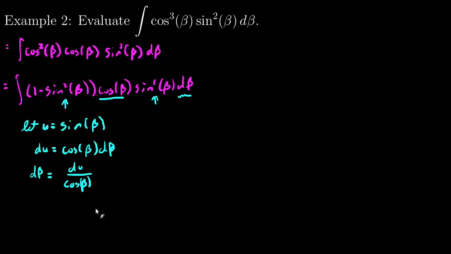And so now when I rewrite this, I get the integral of 1 minus u squared. I'll leave the cosine in for a brief amount of time. Cosine of beta. This sine is the same thing as u, so sine squared gives me a u squared here. D beta I will replace with du over cosine beta.